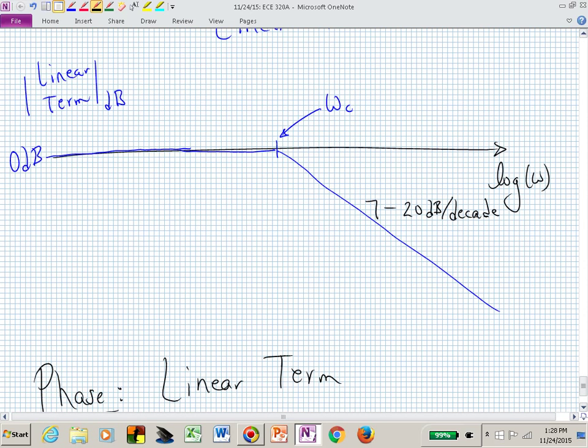If somebody was playing their stereo and they had that for their graphic equalizer, and omega c was, let's say, 10 hertz, what would you be hearing? If this was your equalizer filtering all of the signals coming out of your stereo, and the break frequency was 10 hertz, now that's f sub c, what would you be hearing?